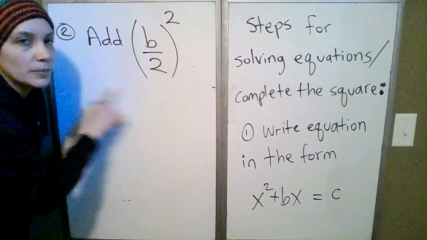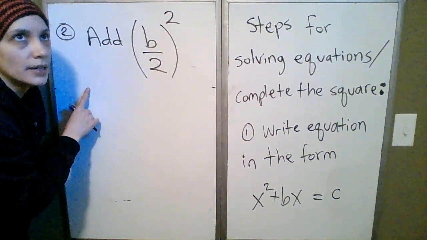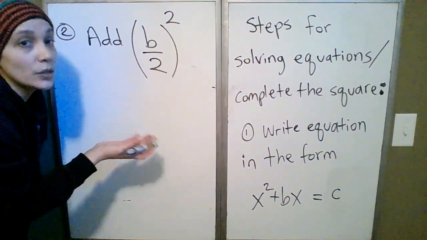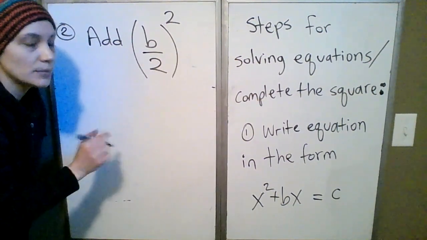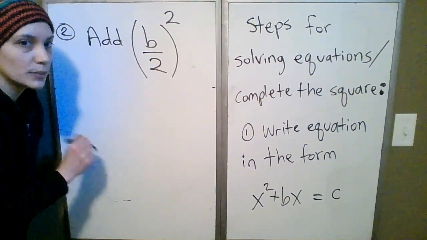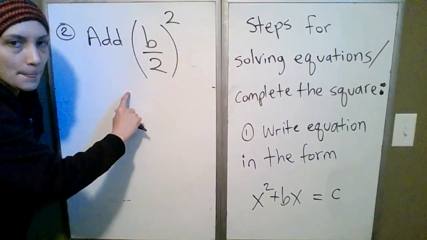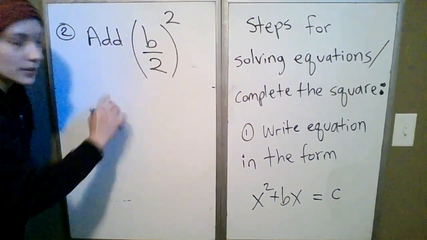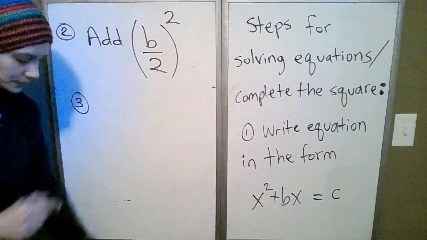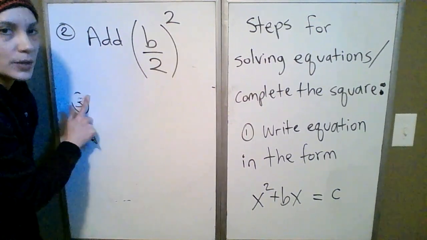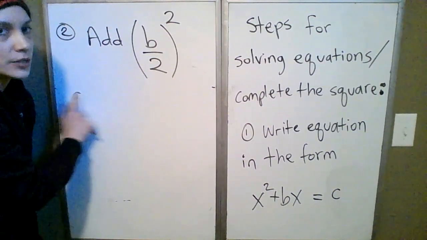So again, you might want to memorize this part for the future. If for some reason, like in statistics, let's say you take stats, sometimes you do need to complete the square in some of those problems. So you do need to know this little piece. Okay, we'll practice soon. Step 3. Oh, add this, by the way, if it's an equation, you need to add it to both sides of the equation.